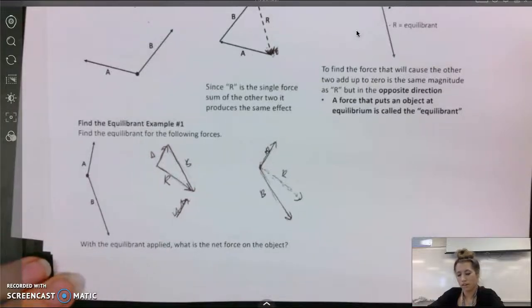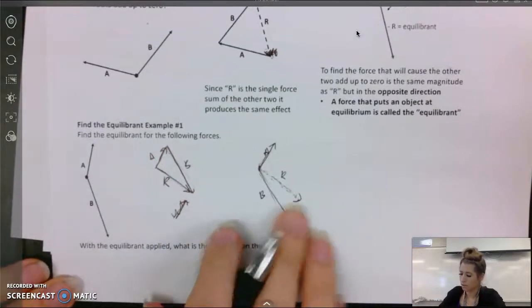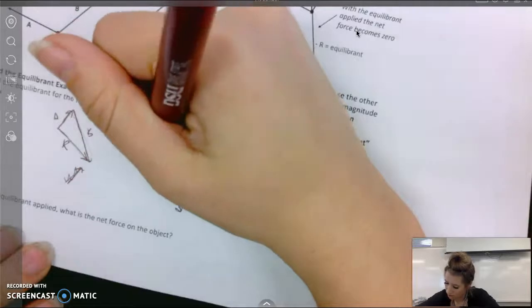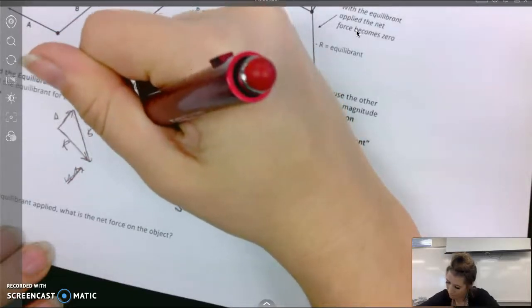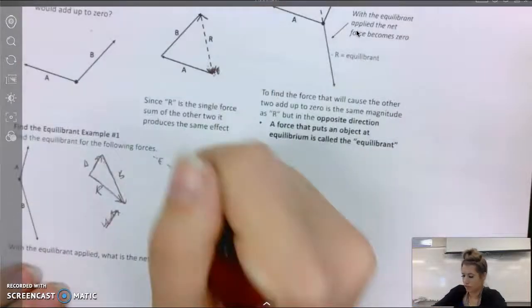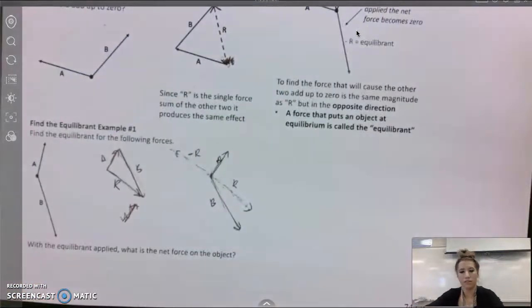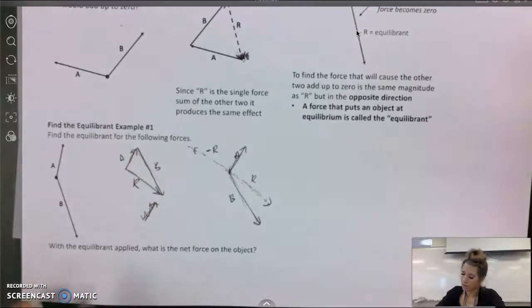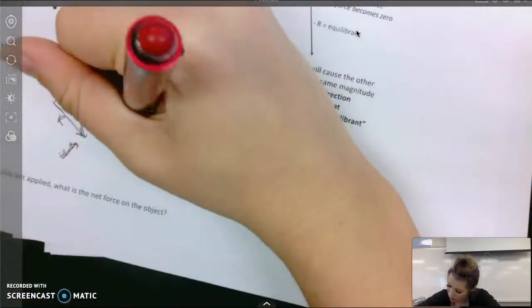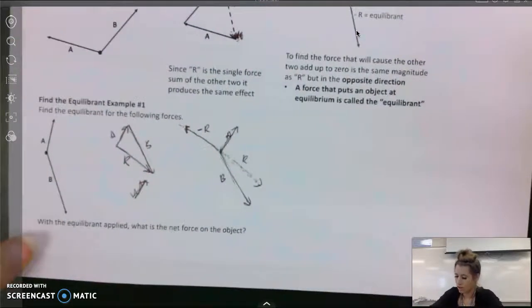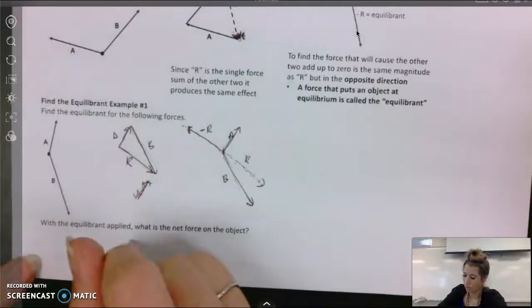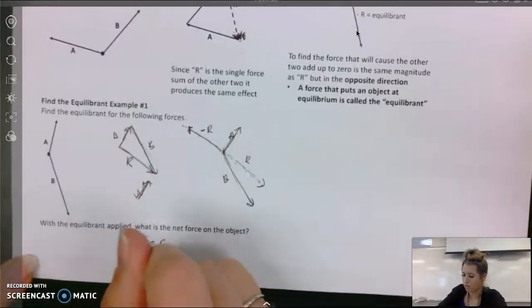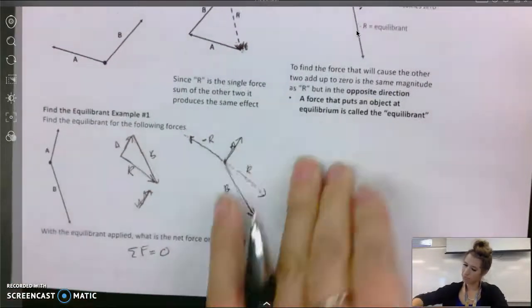And so our equilibriant would be the same magnitude, opposite direction. So it's our negative R. Okay, so that's the equilibriant. So with the equilibriant applied, if we add that now, what is the net force on the object? Well, the point of the equilibriant was for the sum of the forces to be 0. The net force should be 0.